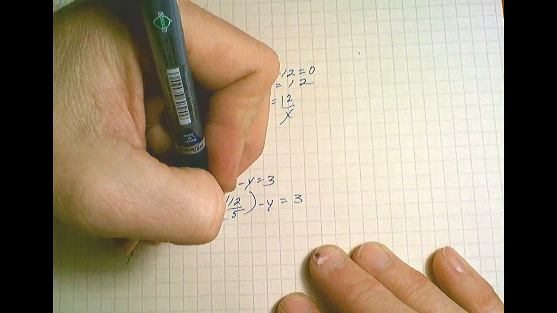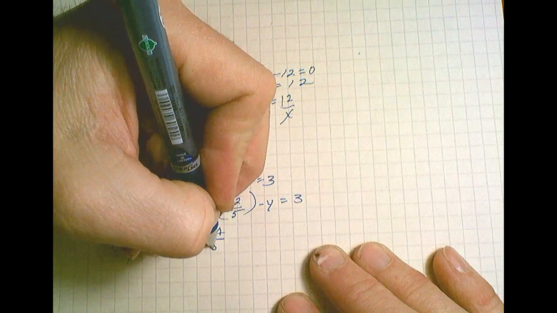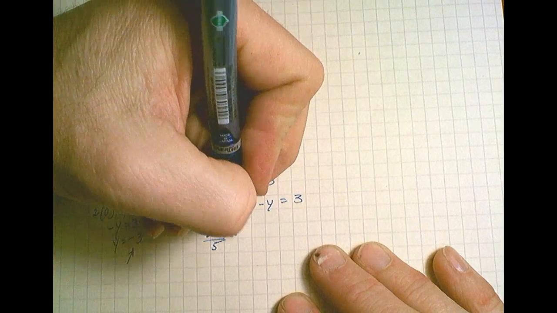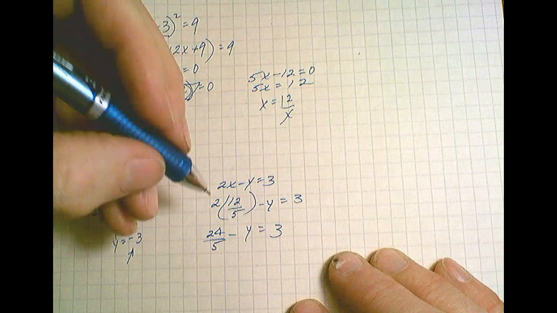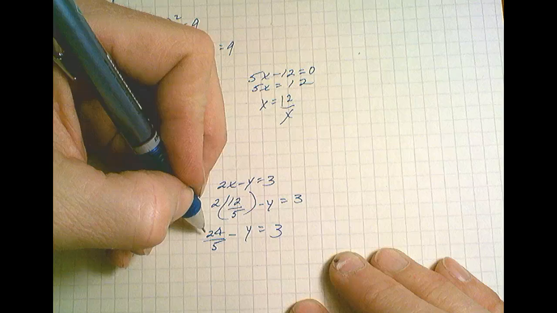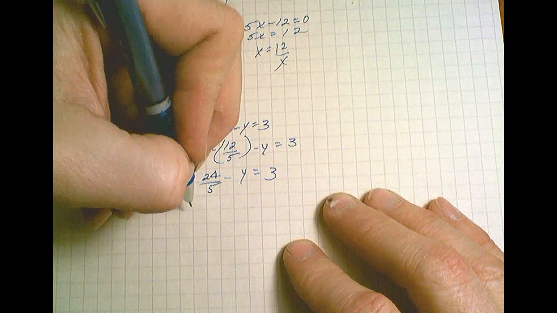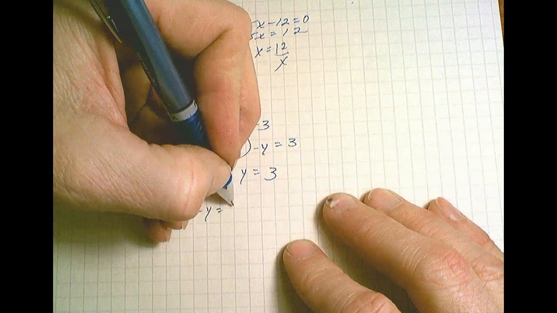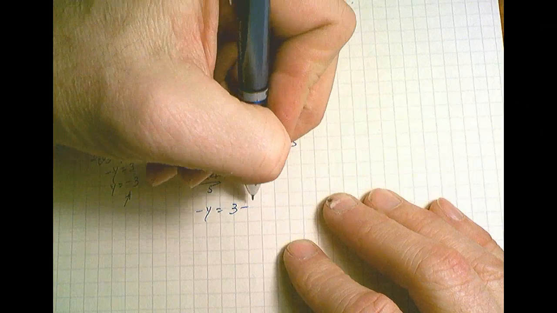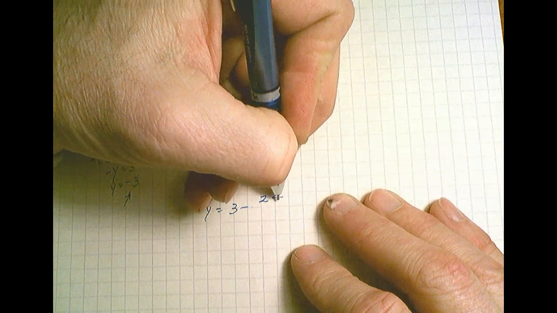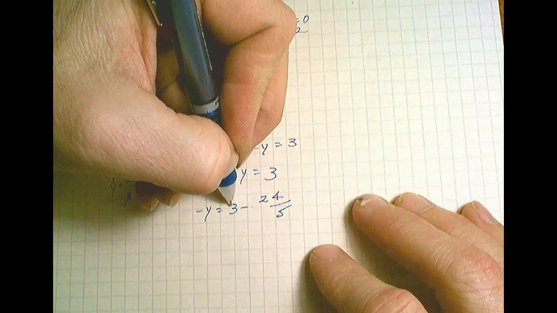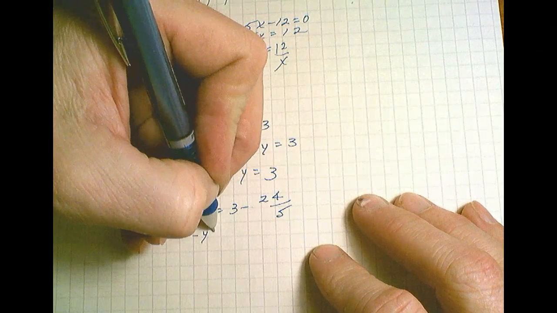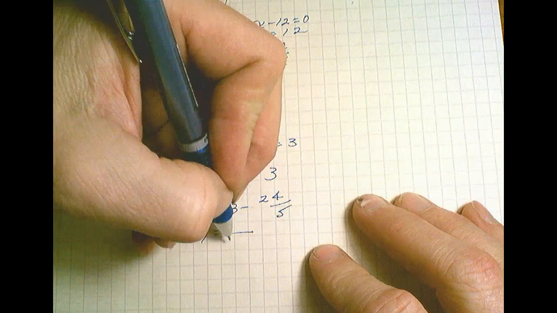So 24 over 5 minus y equals 3. And we subtract 24 over 5 from both sides, and we get negative y equals 3 minus 24 over 5. Find common denominators here. So negative y equals, we'll use a 5 down there.